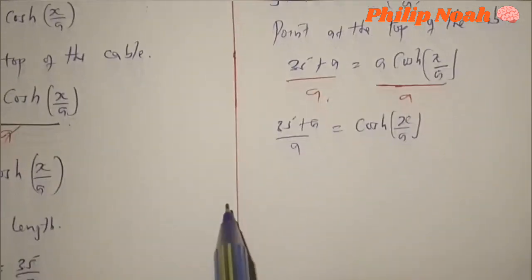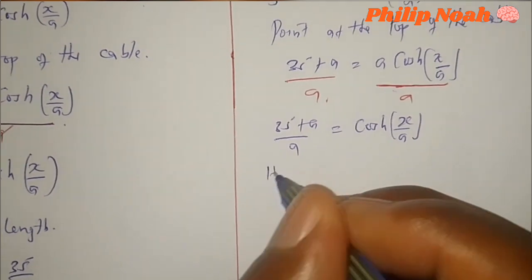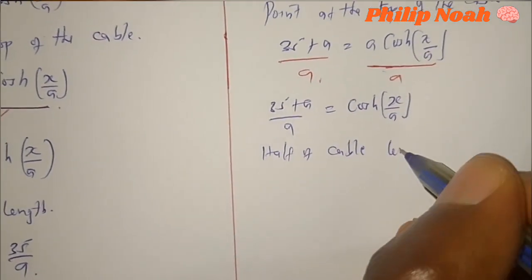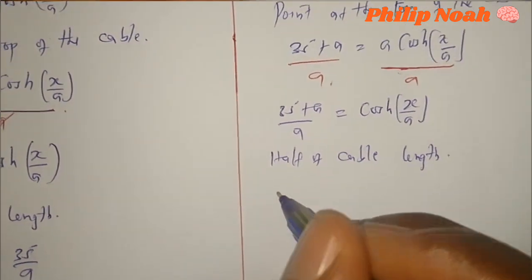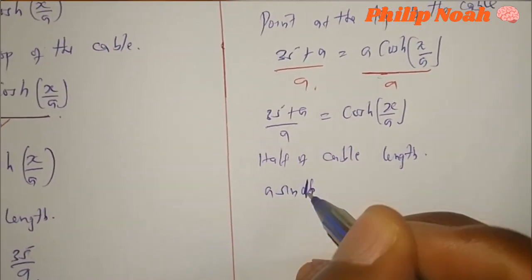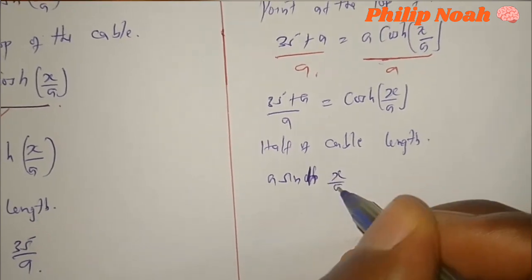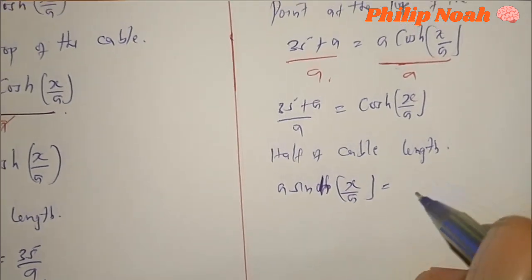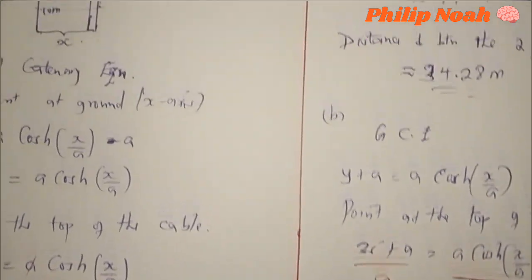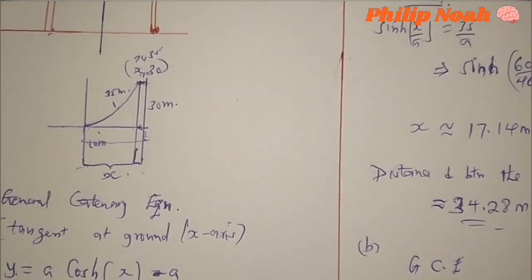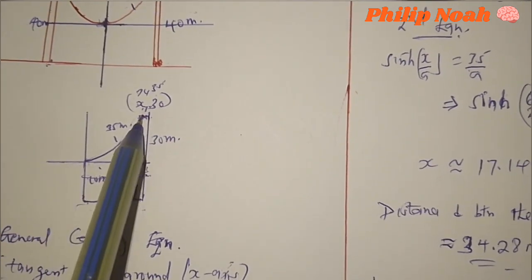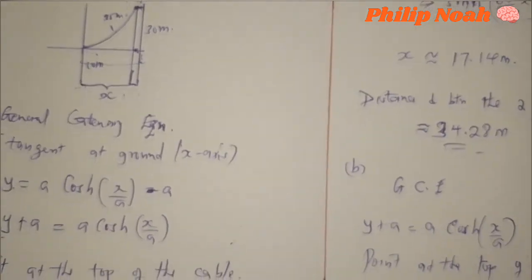We move to the half of the cable length. We use A sinh X over A is equal to 35. It's still 35 right there. The length of the cable to the center is still 35.